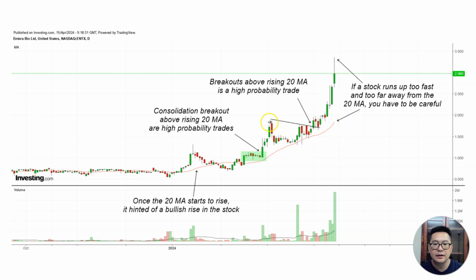You can see that the distance between here and here is small, but here and here is very big. If the stock runs up too fast and too far away from the 20 MA, you have to be careful because it might decline. So also be careful when it's too far away from the 20 MA. You might want to take profits from your trade if it runs up too far. So that's something you need to keep in mind.